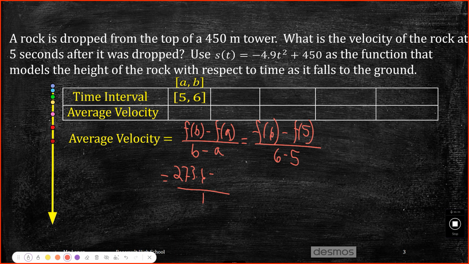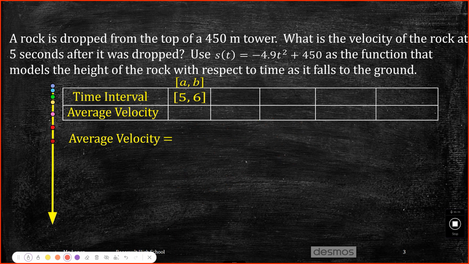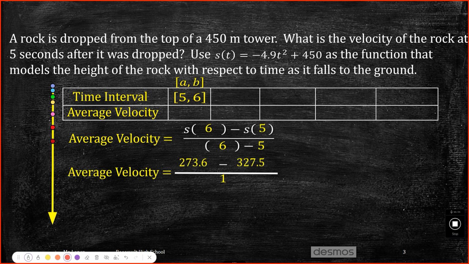What was it? 327.5. So subtract them. That's going to give us our first approximation of the velocity. So it's going down, so it's a negative velocity. It's going at about negative 54 meters per second.